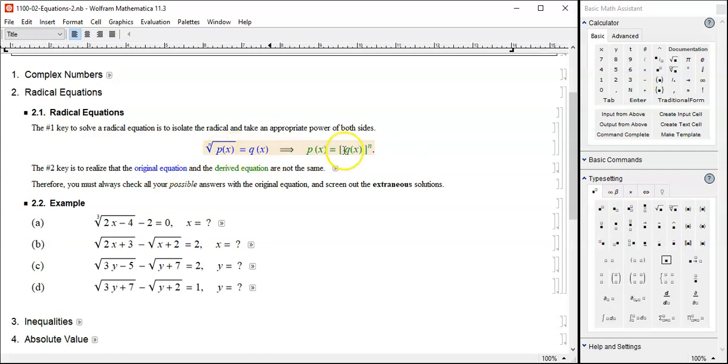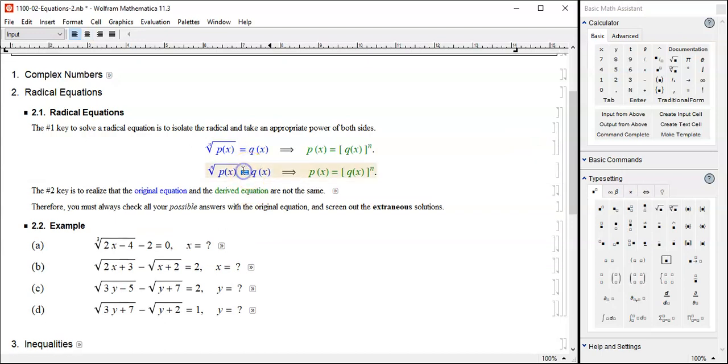So if this had been given originally like this, then we have to change it like this.